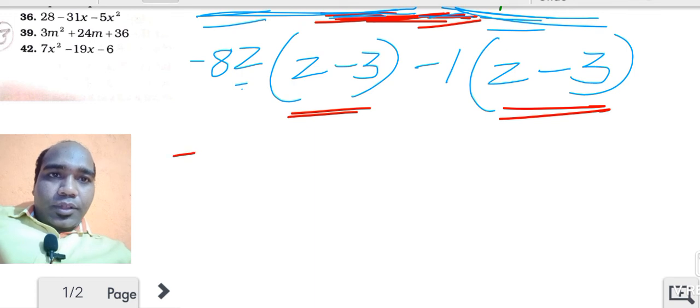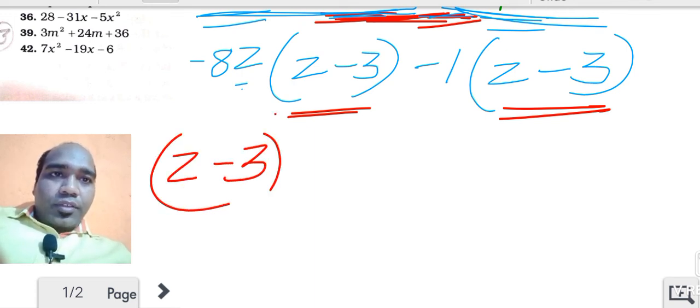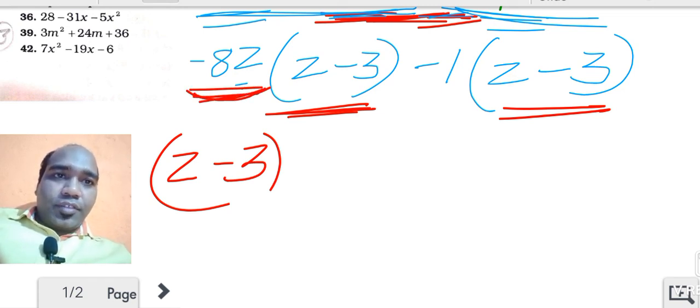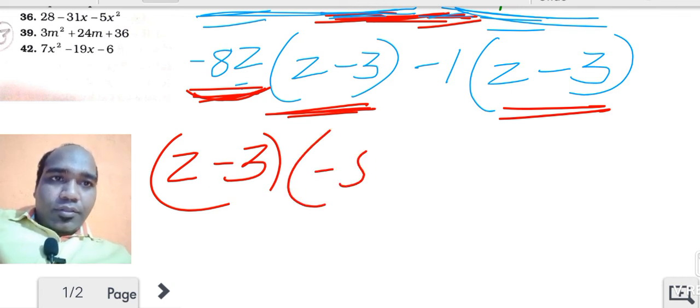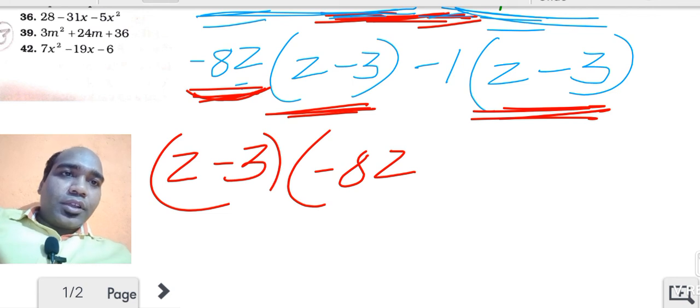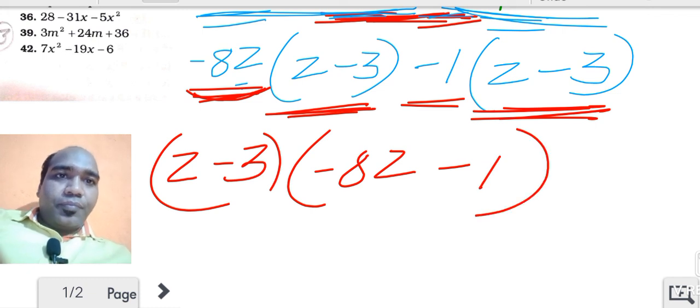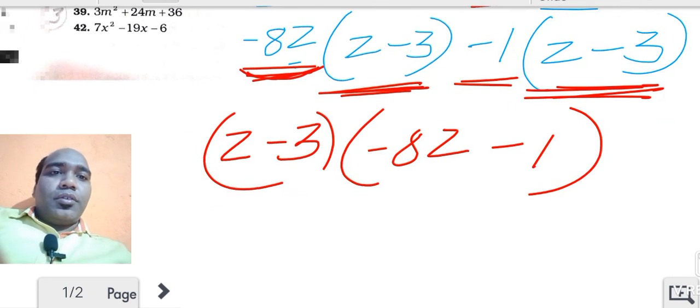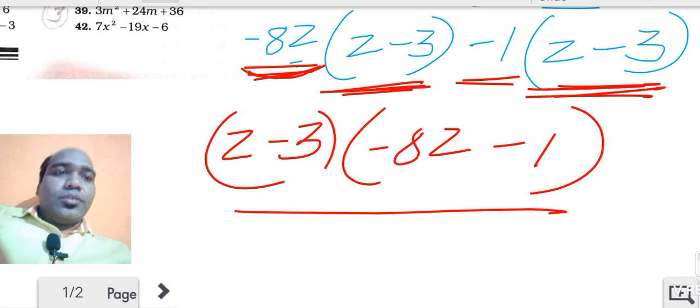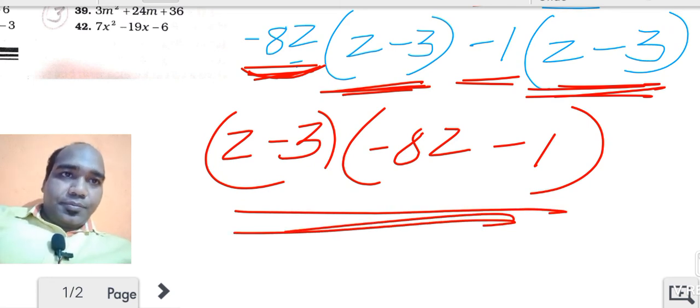So we'll take z minus 3 common. Now you can see z minus 3 is multiplied with what? It is multiplied with minus 8z. So we'll take here minus 8z. Here z minus 3 is multiplied with minus 1. So we'll take here minus 1. Got it? So this is our final factorization.